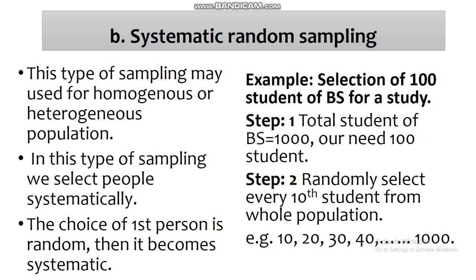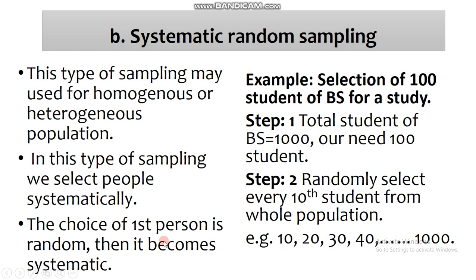The second method is systematic sampling. This type of sampling may be used for a homogeneous or heterogeneous population, where the individuals are either similar to each other or different from each other. In this type of sampling, we select the individuals in a systematic way.